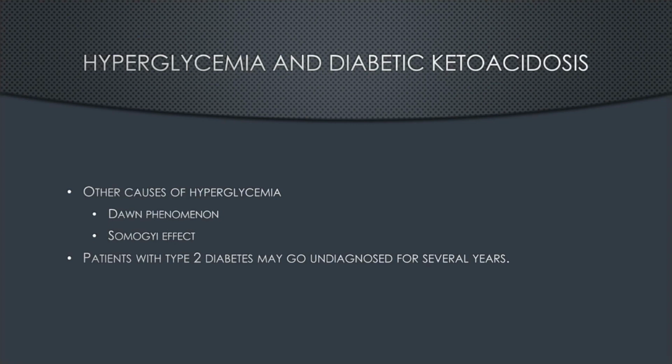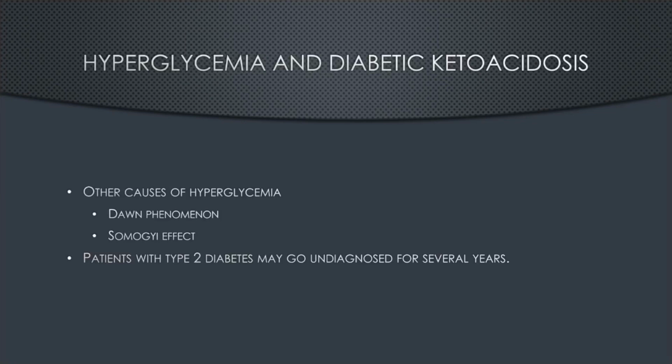The Somogyi effect is a phenomenon that occurs when a low blood glucose level generates a release of hormones that initiate a release of glucose from the liver, causing hyperglycemia. So both are caused by a release of glucose from the liver through that breakdown of glycogen storages.